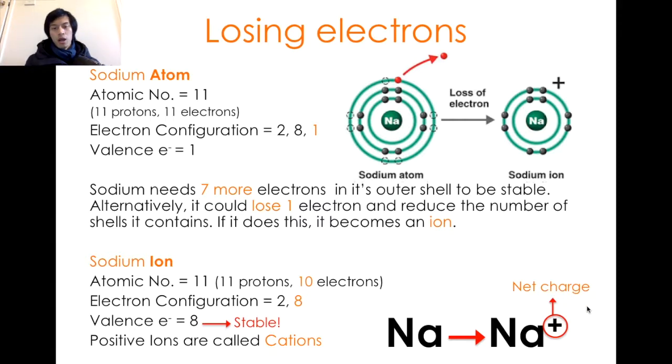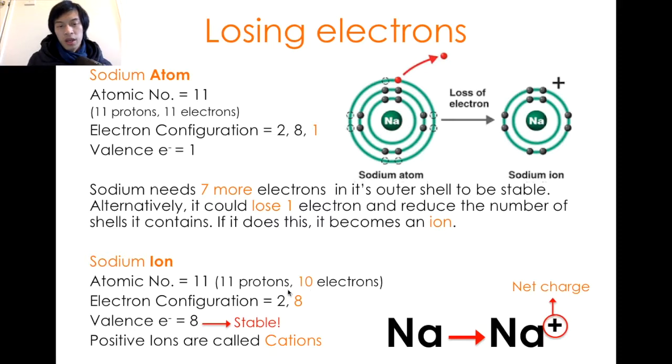It is a plus not because sodium has gained an electron or lost an electron. In fact, because it has lost an electron, you would think it would be a negative, but it's not. Because electrons are negatively charged, what that means is that if you lose an electron, you become more positive. You've lost one of your negatively charged electrons and have become more positive as a result of that.